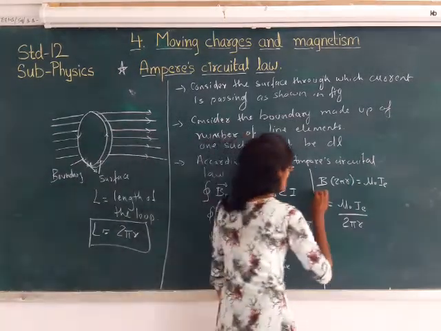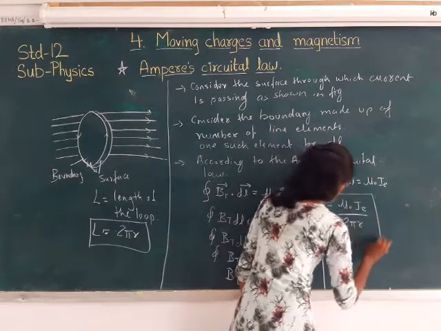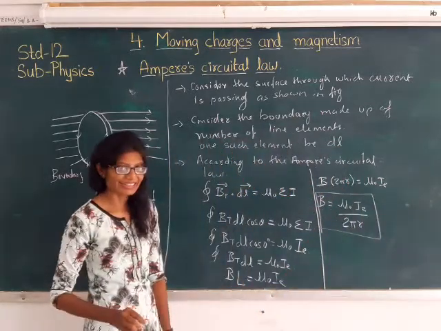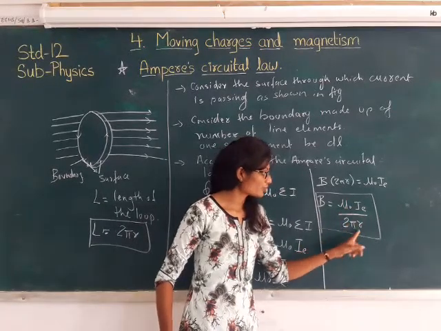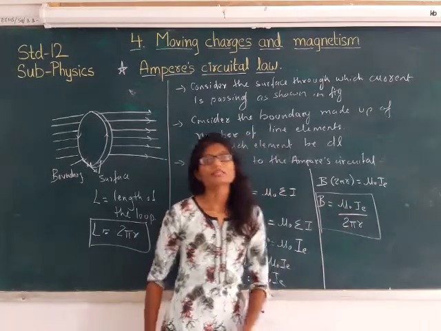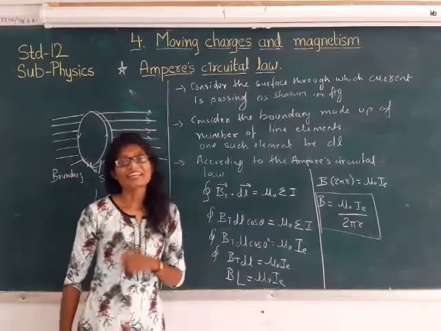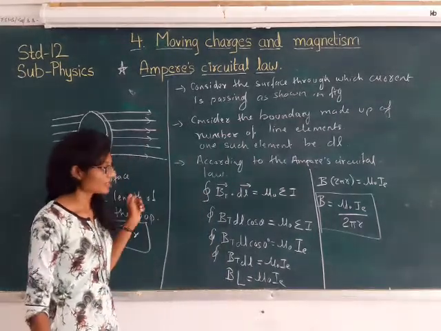So this is nothing but the value of the magnetic field over the line integration, which is equal to mu 0 I E upon 2 pi r. Here I E is nothing but the total current that is enclosed by this surface.